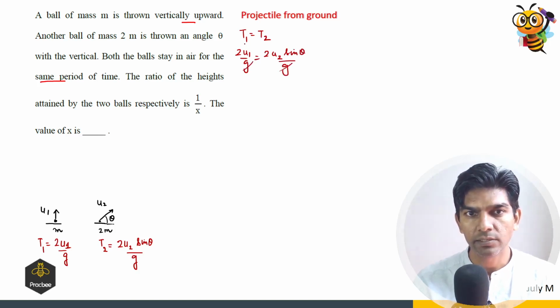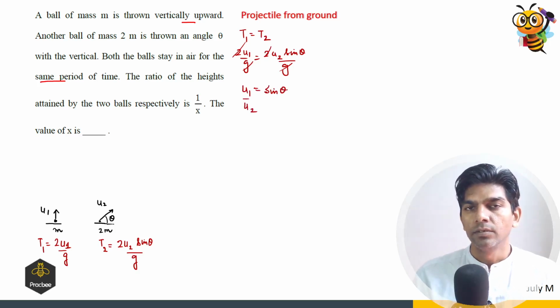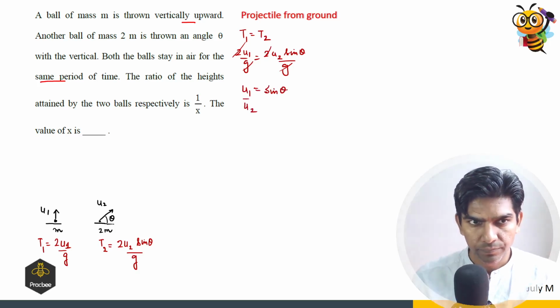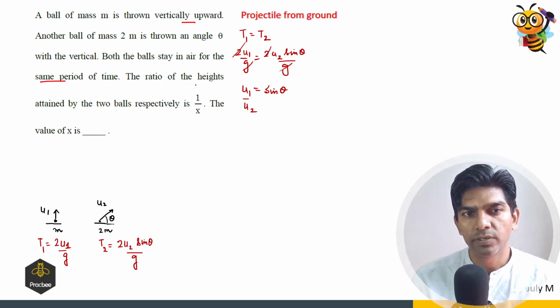So g will get cancelled out, 2 will get cancelled out, so u1 by u2 is nothing but sine theta. So we got this relation and we have to find the ratio of the heights attained by the two balls.